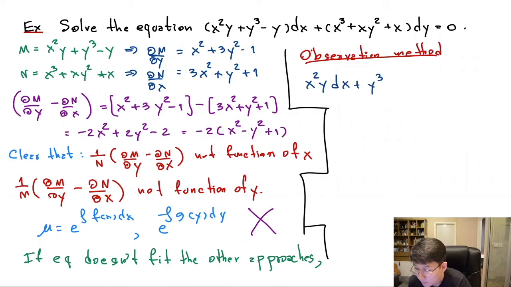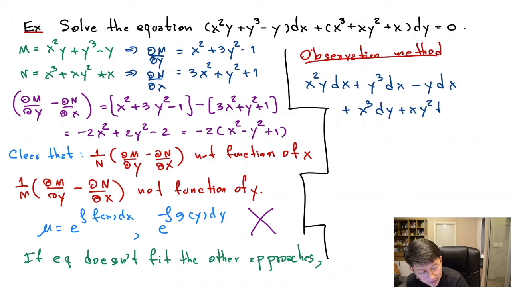I just distribute the x into the parentheses. So again I do the same thing for dy. So I get x cubed dy plus xy squared dy plus x dy equals 0.